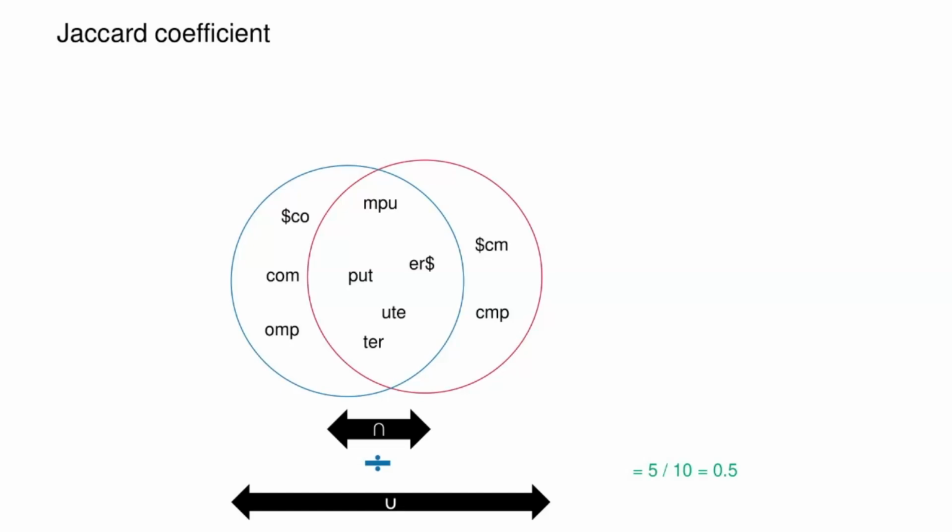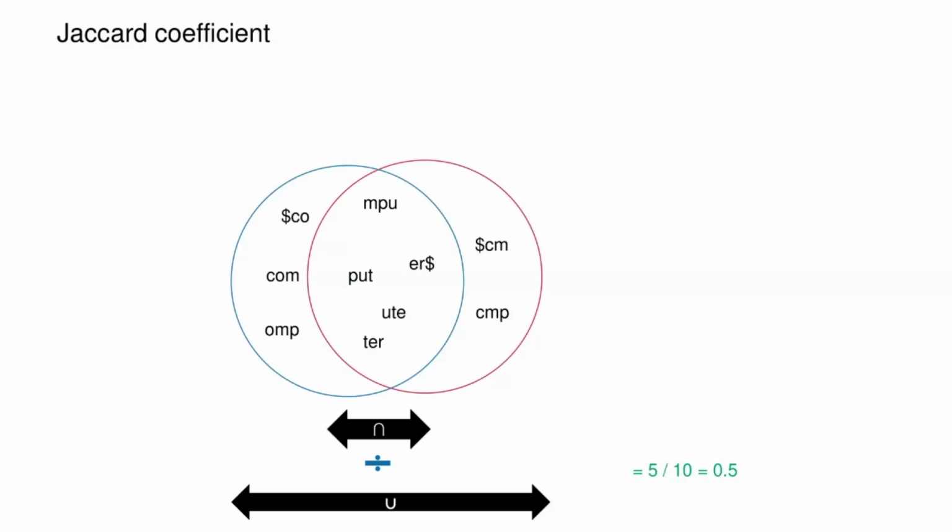As a comment aside, you notice that I did not call it the Jaccard distance. I called it the Jaccard coefficient. Who can tell me why it's not a distance? When you have a distance and two words are very close, what is the distance like?